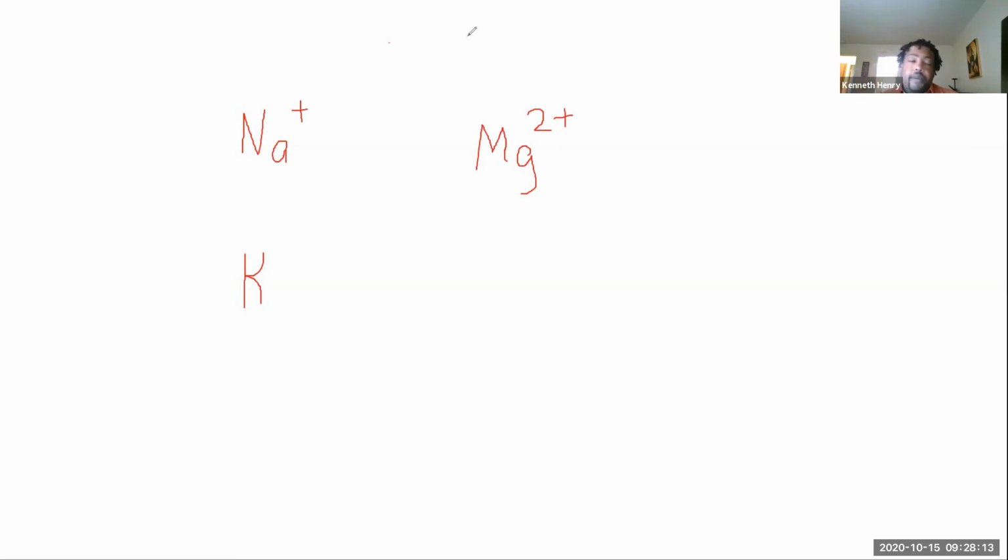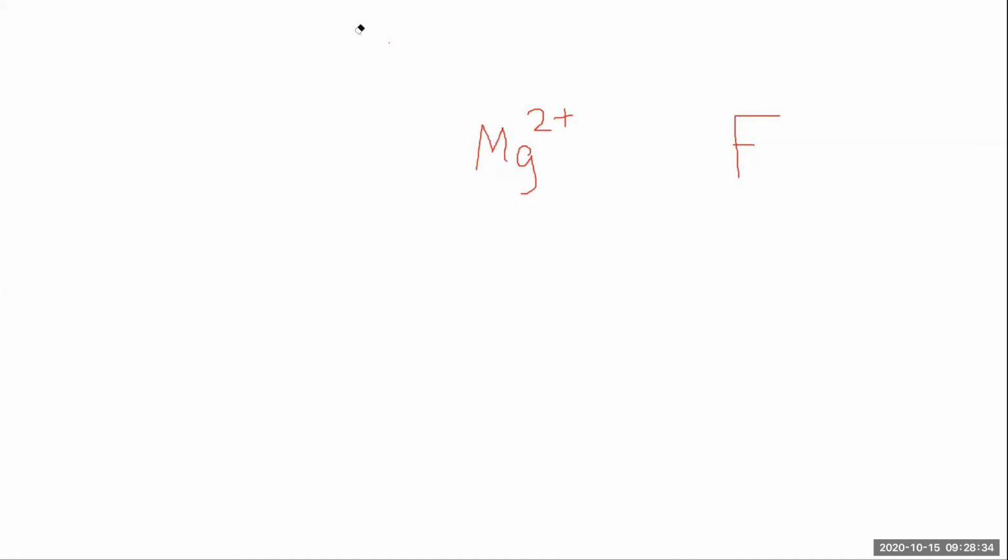So when we're talking about ionic compounds, we have to take that into consideration. Let's say we're talking about fluoride. So we have fluoride and magnesium. They're hanging out together. So magnesium is going to do what? Magnesium is going to lose its 2 electrons. Fluoride is going to want to do what? Get an electron. So if it gets a single electron, it has a minus charge.